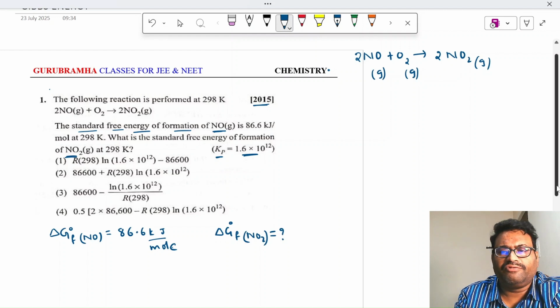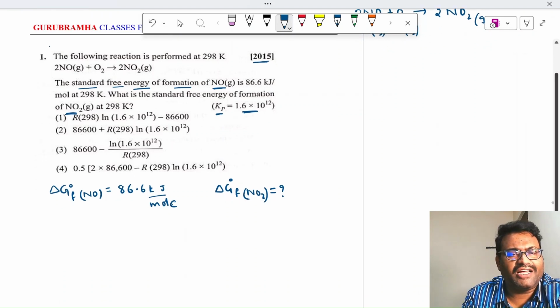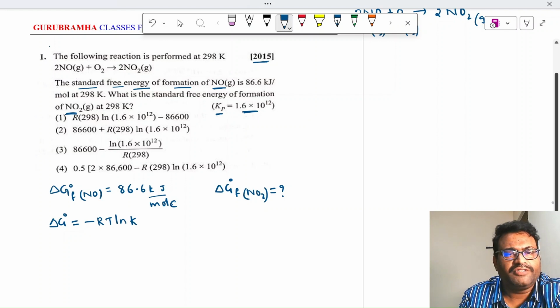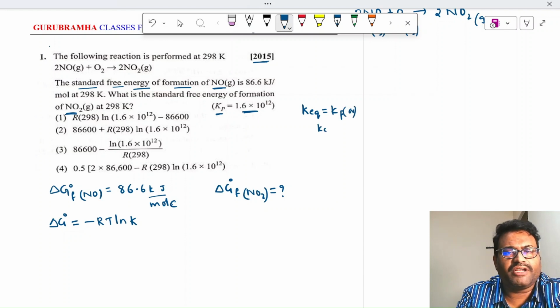We know that for delta G naught, we have derived a formula. What is that formula? Delta G naught is equal to minus RT natural log K equilibrium. Here K equilibrium can be Kp or Kc, right?